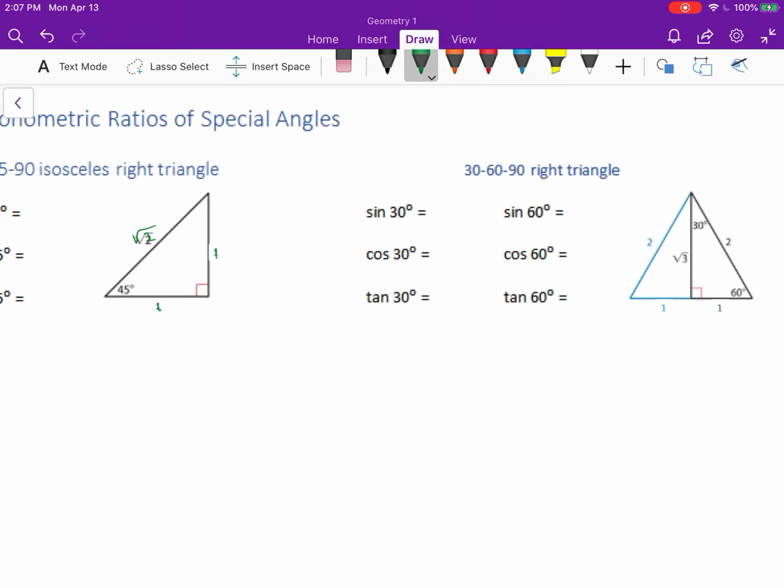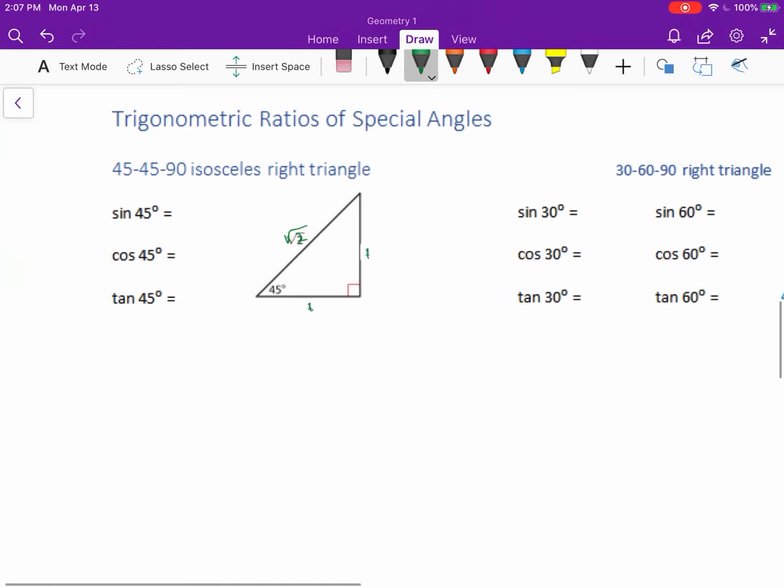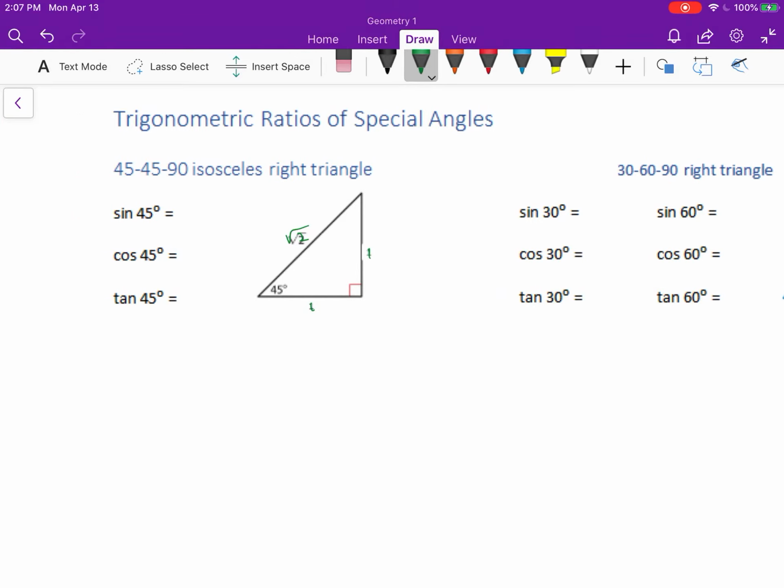They'll always be in that ratio. And then over in this 30, 60, 90, we started with an equilateral triangle and figured out some relationships there. So for 30, 45, and 60-degree angles, we can find exactly what sine, cosine, and tangent are.